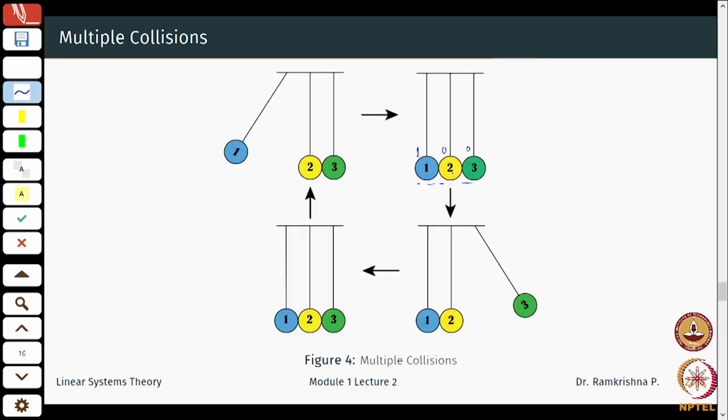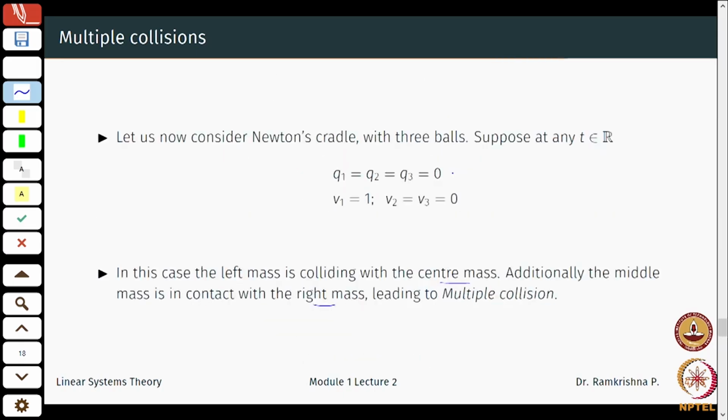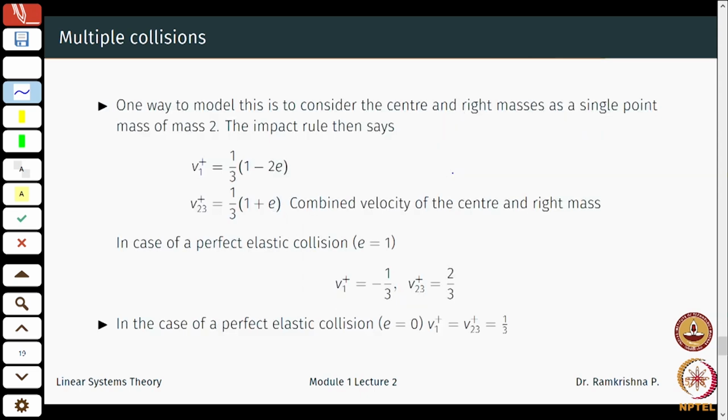So what are the ways of modeling this phenomenon? One way is to look at mass 1 here as my Q1, and take the remaining 2 masses as a mass of 2, with V1 the velocity of the first and the combined velocity of 2 and 3.